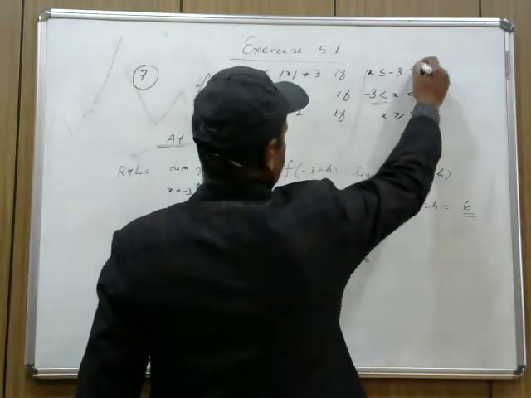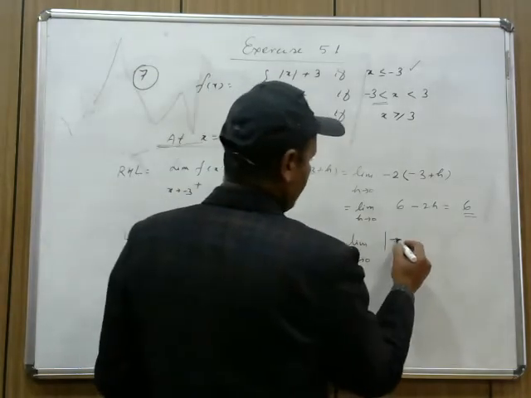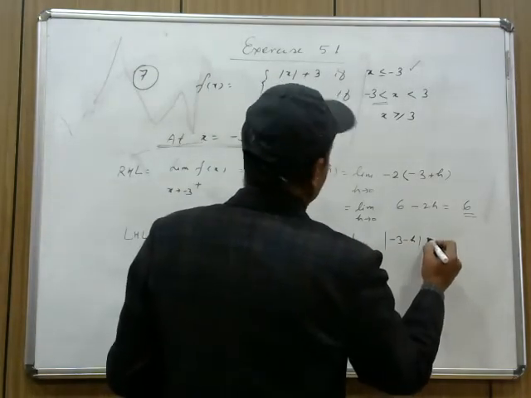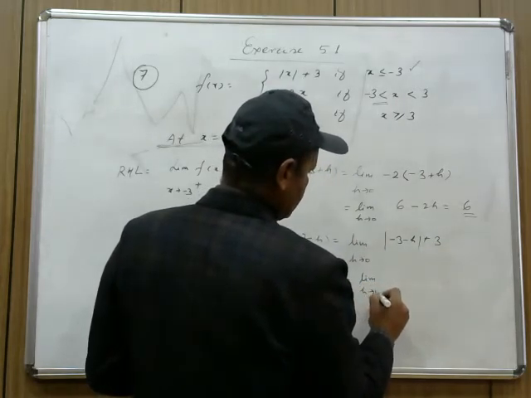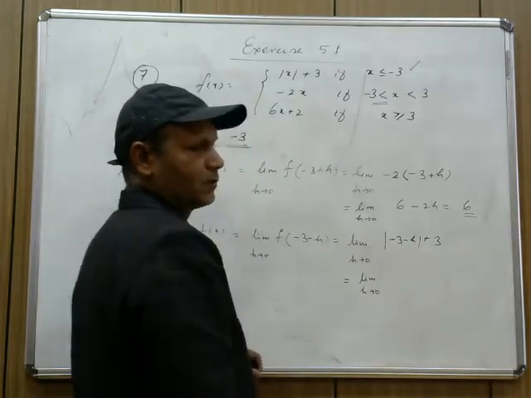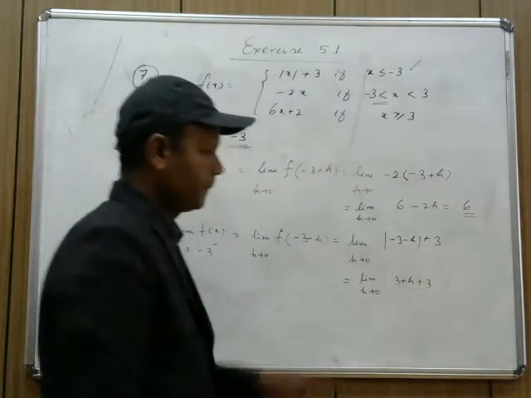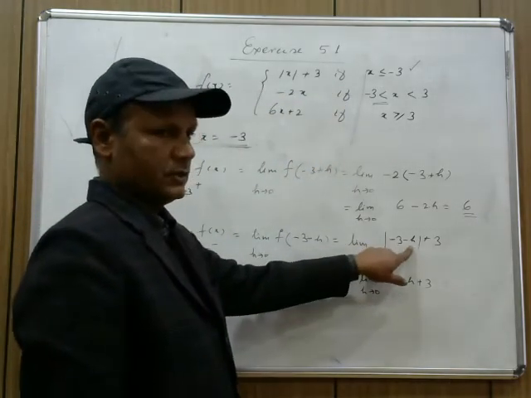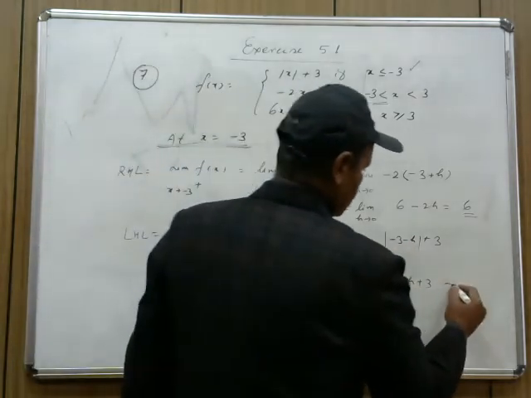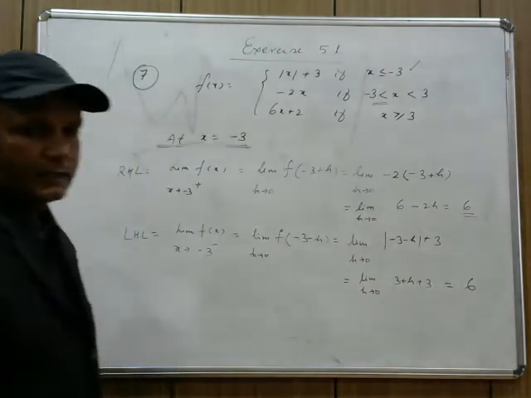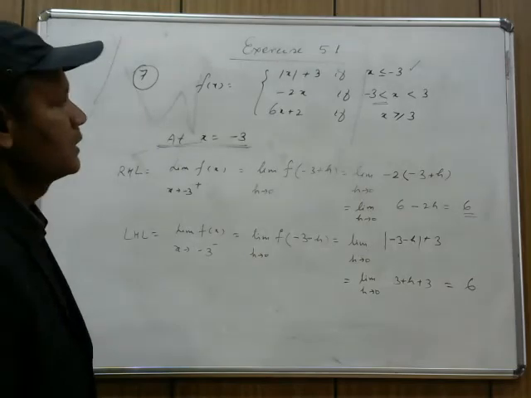When x is less than minus 3, then this function is mod of x plus 3, so I write mod of (minus 3 minus h plus 3), and that is equal to what? Limit as h tends to 0, mod of minus 3 minus h plus 3, that is 3 plus h plus 3, and that is equal to how much? 6. Right.